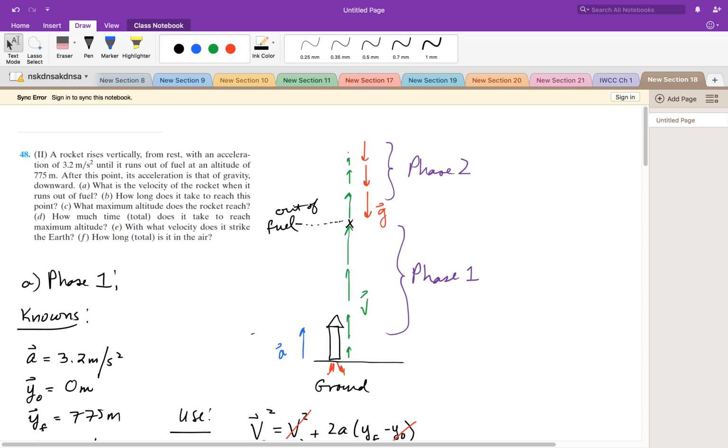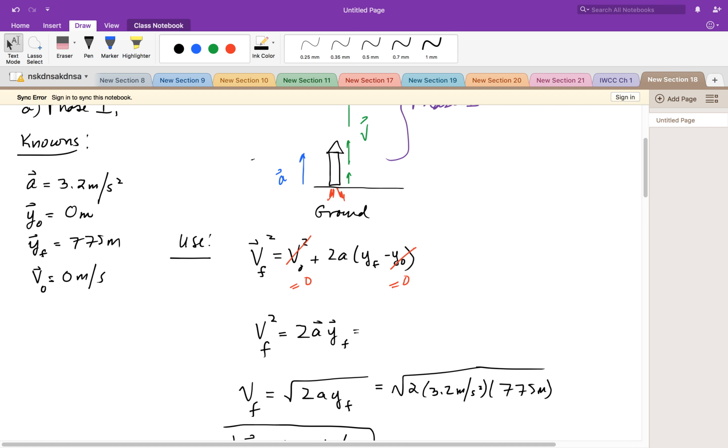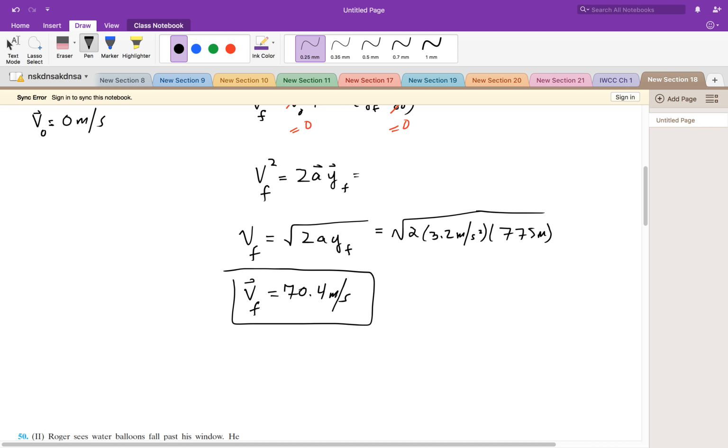Now, part B. How long does it take to reach this point? Once we have that final velocity, this is a much easier problem to deal with, because we can just use this equation, that v final equals v initial plus at. Again, v initial is 0, so we can solve for t. t is just going to be v final over the acceleration, because there is no v initial.